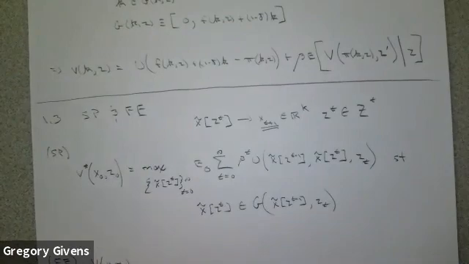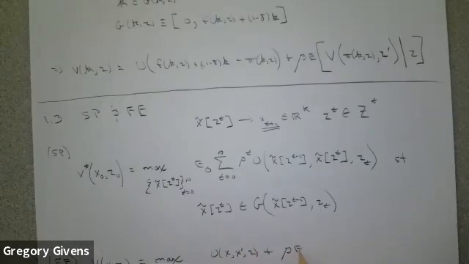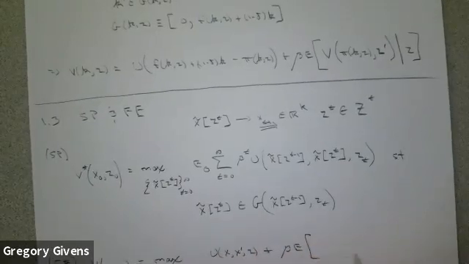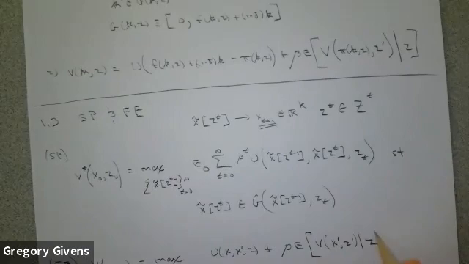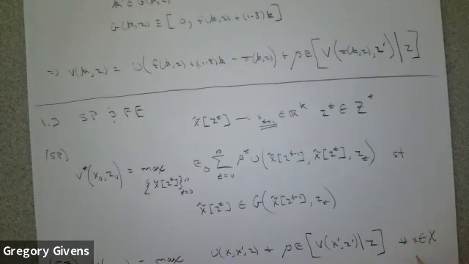V of xz is equal to the max of x prime in G of the current return, that is u of x, x prime, z, plus the discounted expected value of the continuation return, v of x prime, z prime, conditional on what is known about the shock in this period. And that's for all x in big X and all z in big Z.